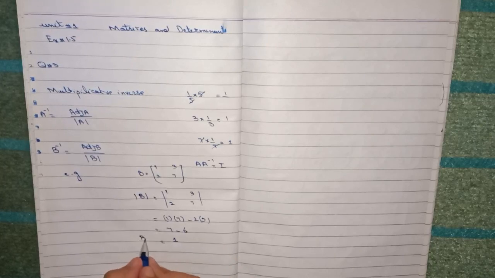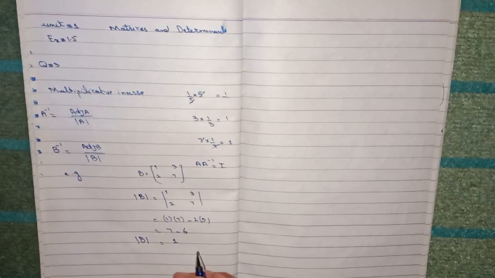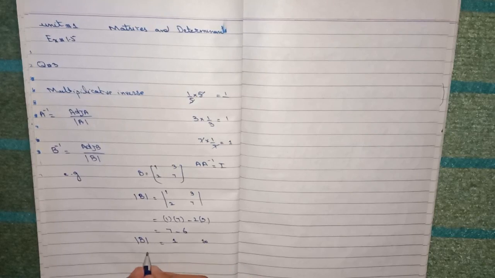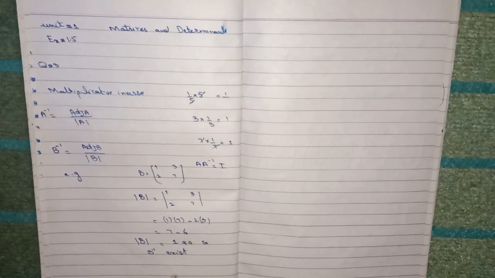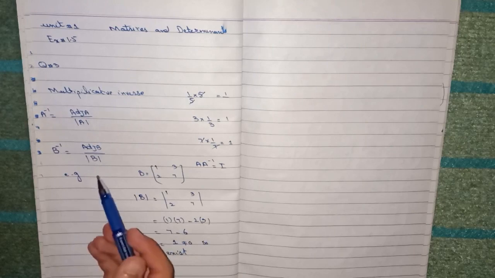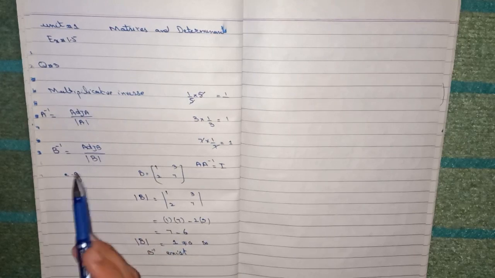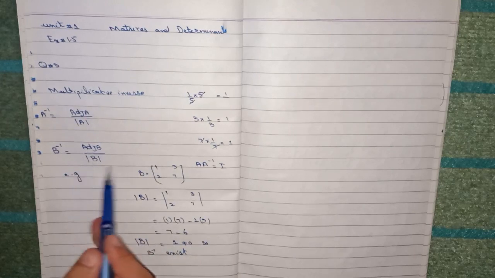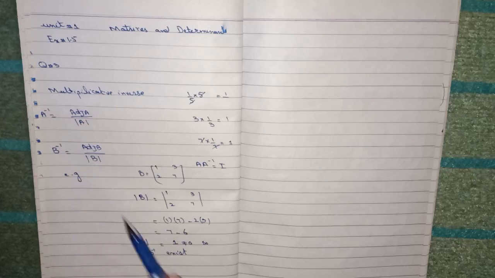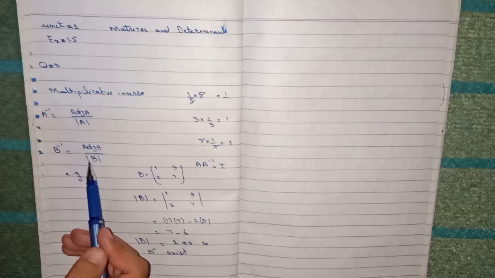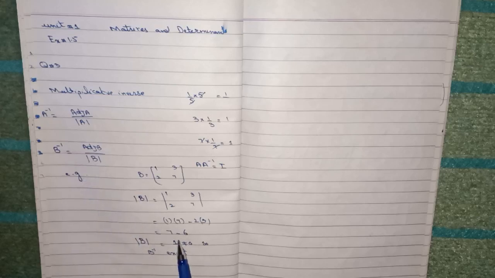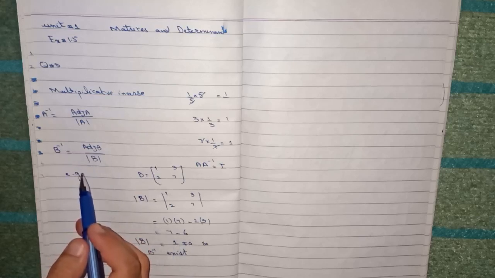If the determinant of a matrix is non-zero, then B inverse exists. Because the determinant is not equal to 0, it is non-singular. But if it is singular, the determinant would be 0. If the matrix has determinant 0, then its multiplicative inverse does not exist, because if we put the values in, we find the adjoint of B, and if the determinant of B is equal to 0, the whole expression becomes undefined.